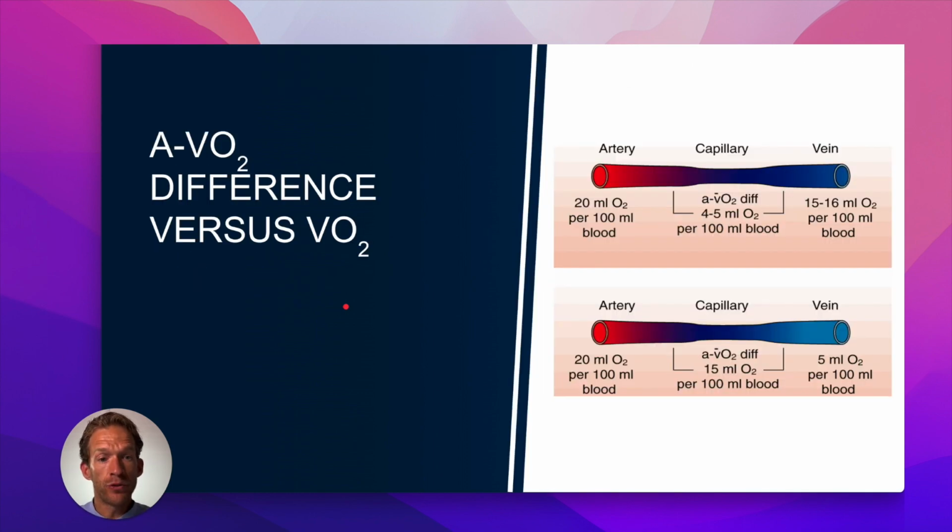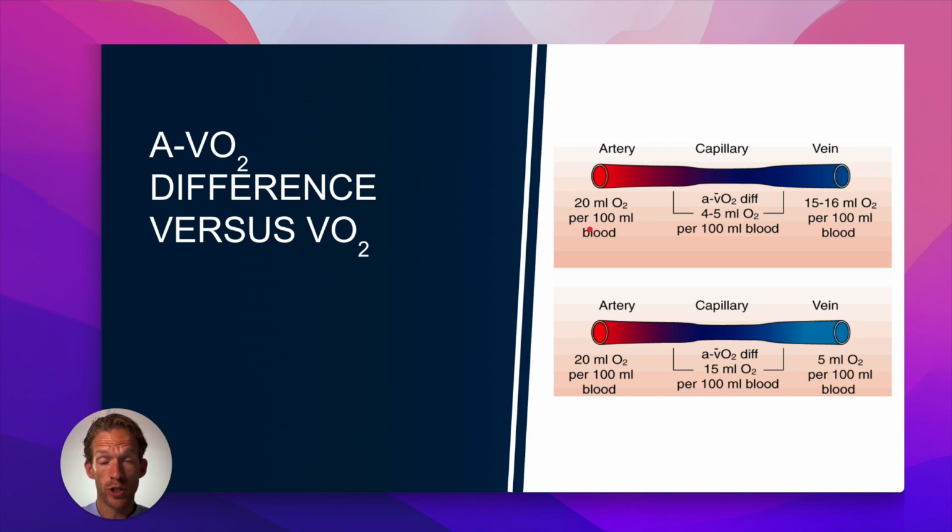So if you look at the AVO2 difference, then you can see in the comparison between rest and exercise, the difference in the venous content and not really in the arterial content. So if you increase cardiac output, so if you compare submaximal biking at 150 watts to rest, the amount of O2 that's being delivered into the arteries, into the skeletal muscles, is not going to be different if you compare that per liter of blood.